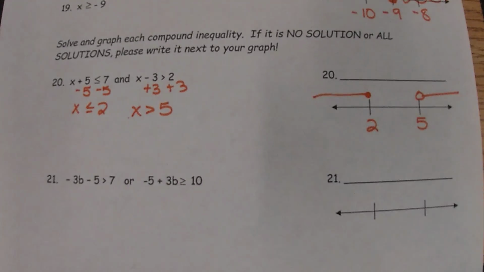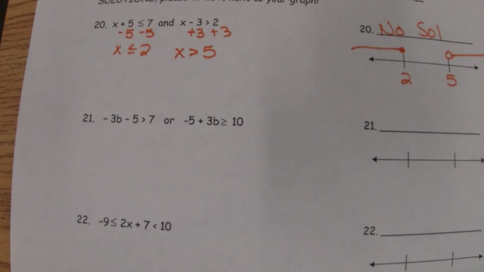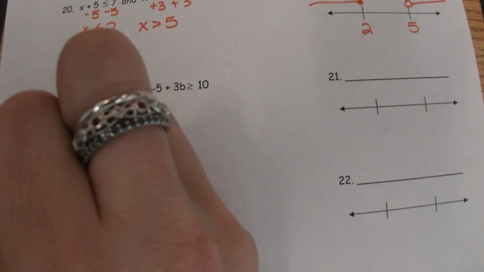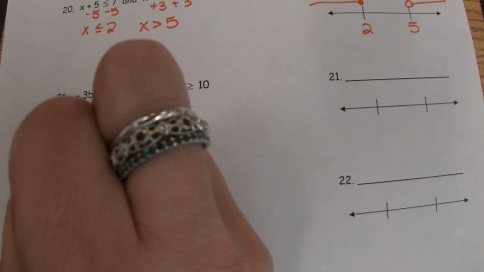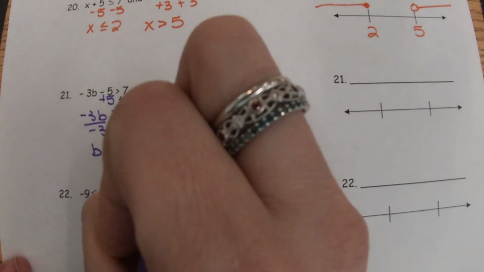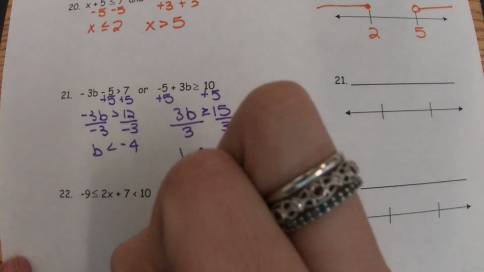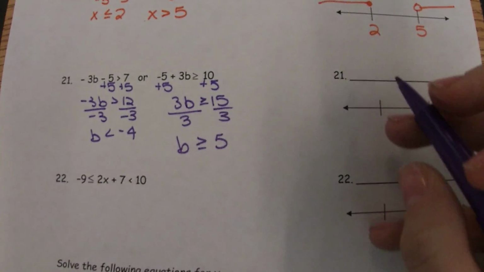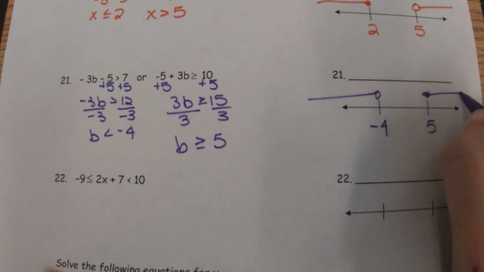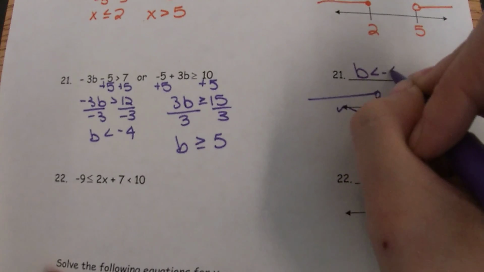This is compound and I don't have them overlapping anywhere, so this one is a no solution. This is a compound or. Right, so anywhere we have at least one, so we're good and we're here, which means our answer is just what we have.